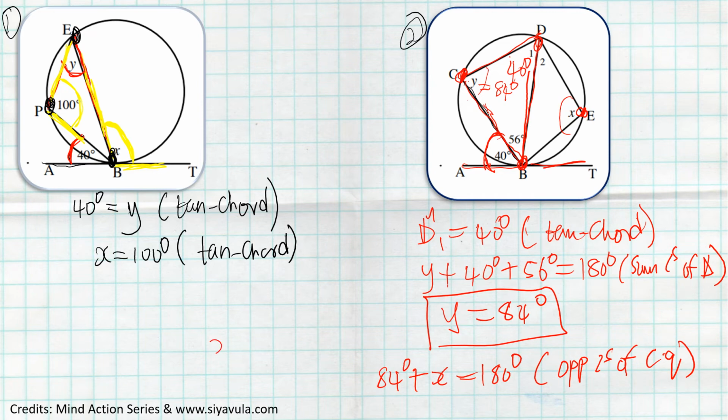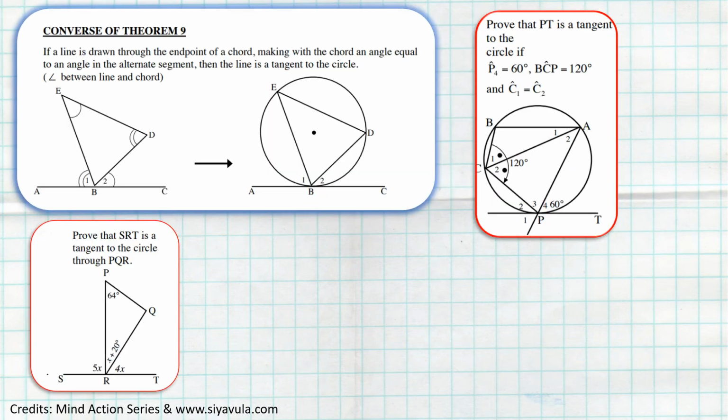You have to be thinking of this theorem, and it's quite easy to do if we just apply that. So x is 180 minus 84, which is equal to 96 degrees.